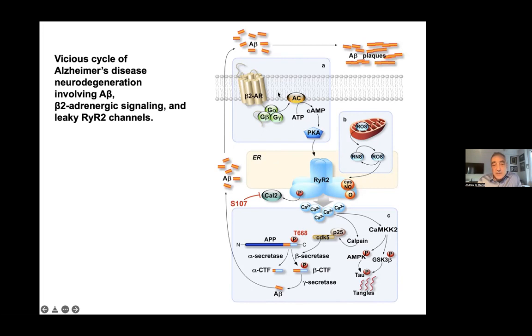Upstream of this can be activation of beta-2 adrenergic receptors, which have been linked to amyloid deposition, resulting in phosphorylation of the channel, promoting the leak. And this can be inhibited with the Rycal drug S107, which prevents the loss of the stabilizing subunit, fixes the leak in the channel, and restores normal behavior and cognitive function in these murine models.